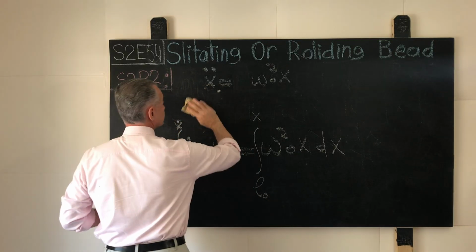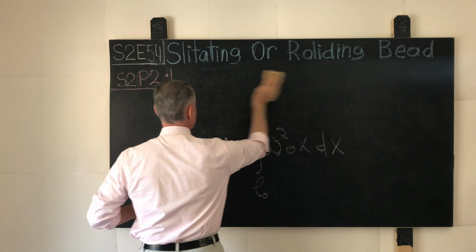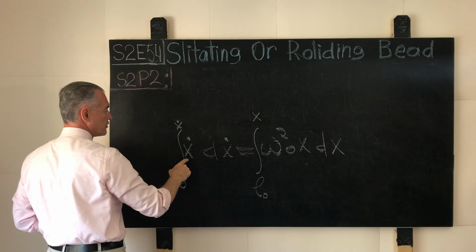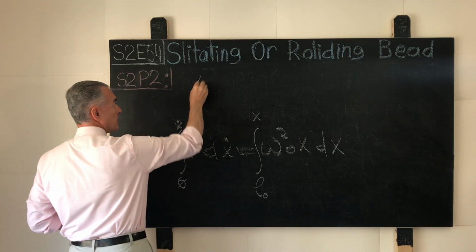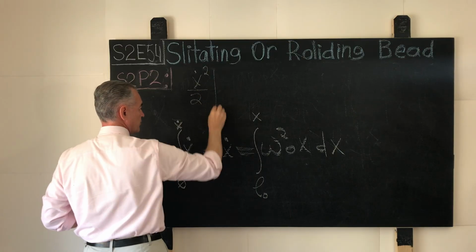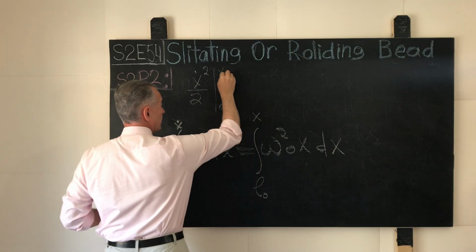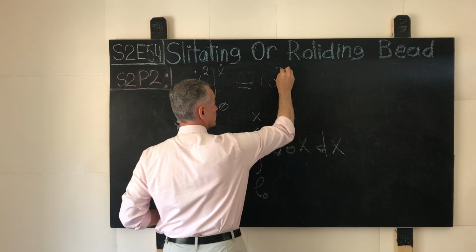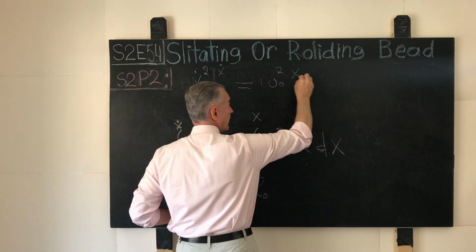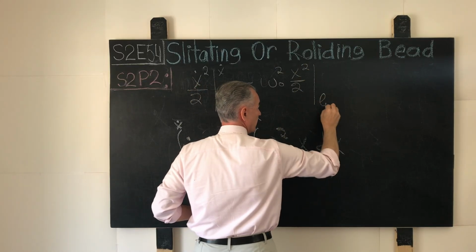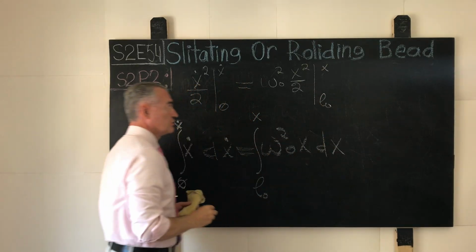Let's write down the result maybe over here on top. What will we have? On the left hand side, we will have x dot squared over 2 evaluated between 0 and x dot, which must be equal to omega 0 squared times x squared over 2 evaluated between L0 and the current value of x.